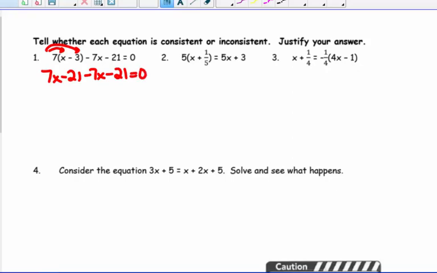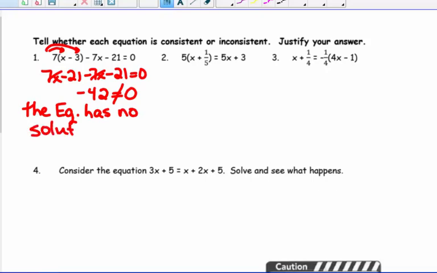Well, 7x minus 7x cancels, and I get negative 21 minus 21, which is negative 42 equals 0? No, it doesn't. So the equation has no solution. And I'm just going to say EQ for short, has no solution. Therefore, it's inconsistent.